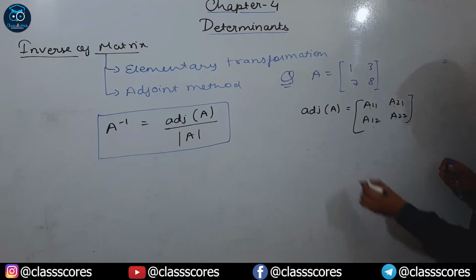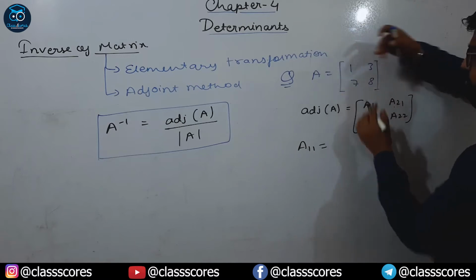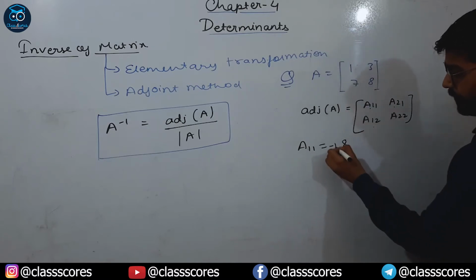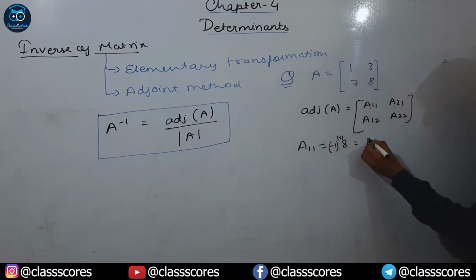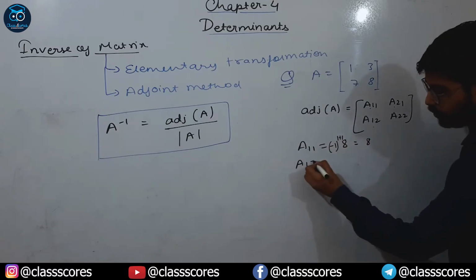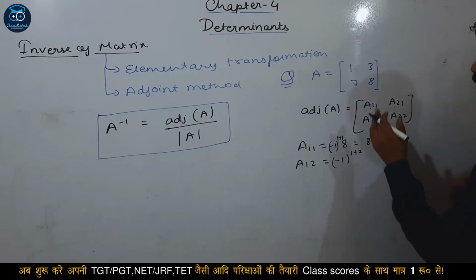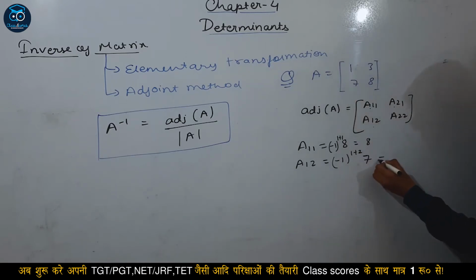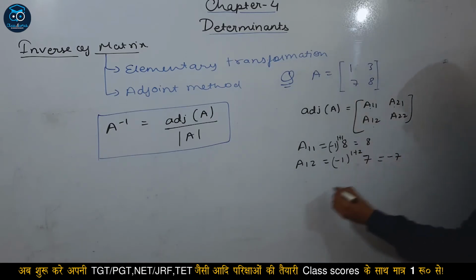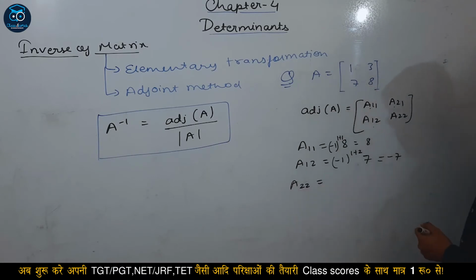Now, if we find A11, what we get? A11 means first row and first column removed, that leaves 8, and (-1) to the power 1 plus 1, so it is 8. A12, (-1) to the power 1 plus 2, first row, second column removed, that is 7, so minus 7.